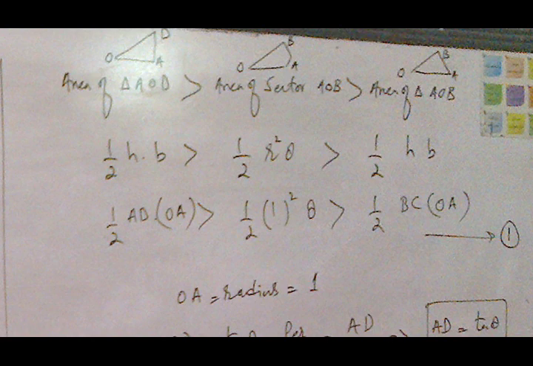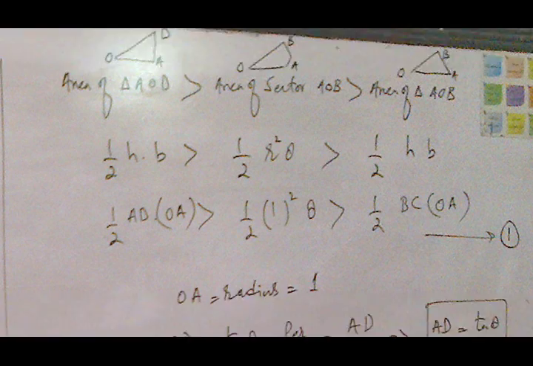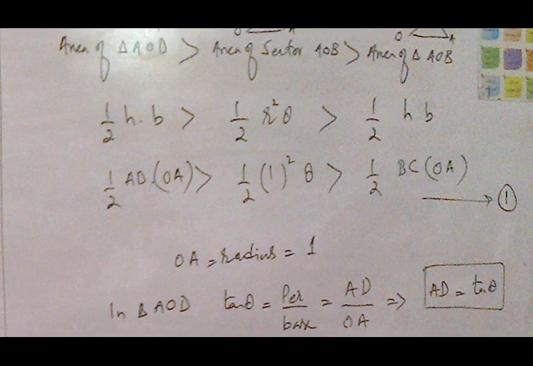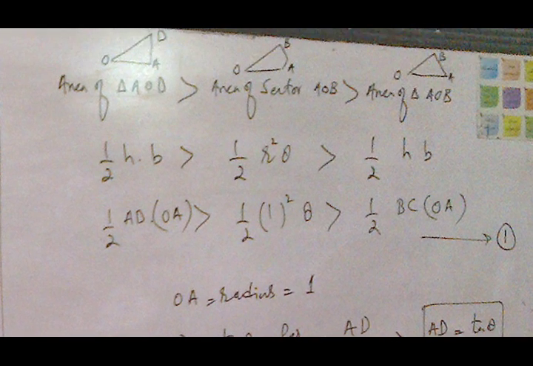Area of sector is equal to 1 over 2 r square theta, and area of triangle again height multiplied by base. In the first triangle, height is AD and base is OA. In the second, sector, radius is equal to 1. In the third, perpendicular height is BC and base is OA.